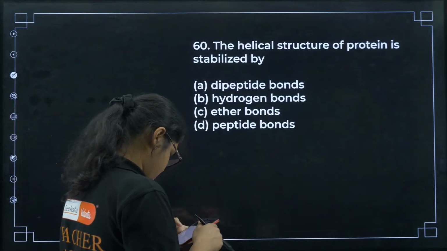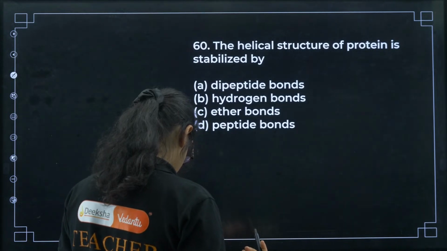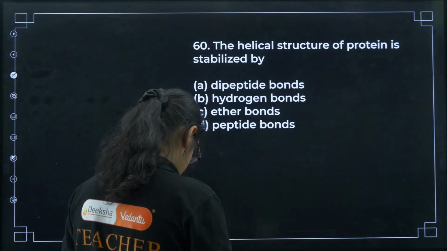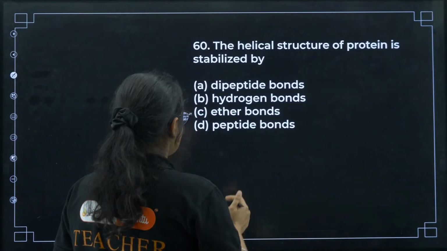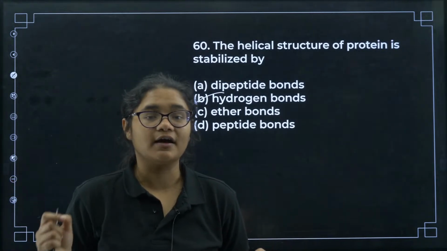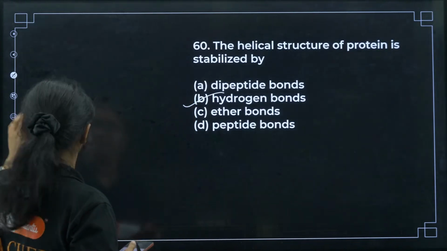I have got only one answer here. Yes, 60B is the correct answer. Helical structures are governed by your hydrogen bond. Okay, so alpha helical structures you should remember.